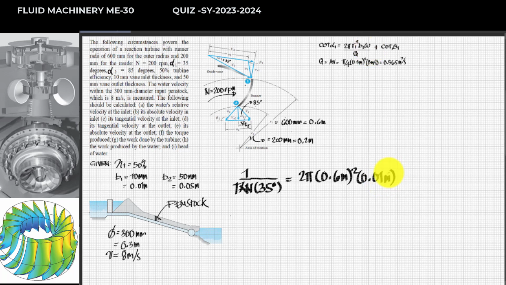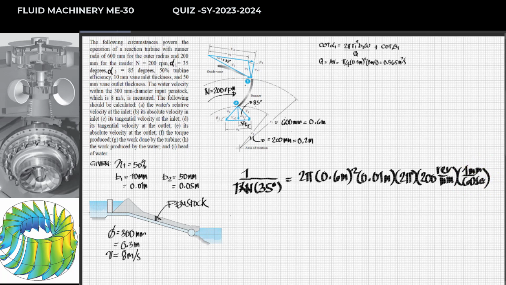Next we're going to substitute the angular velocity. That will be 2 pi, and we have your RPM, which is 200 revolutions per minute, then convert this into seconds.